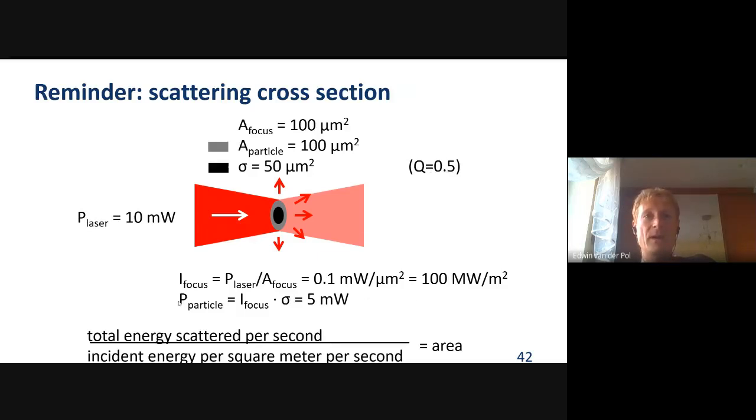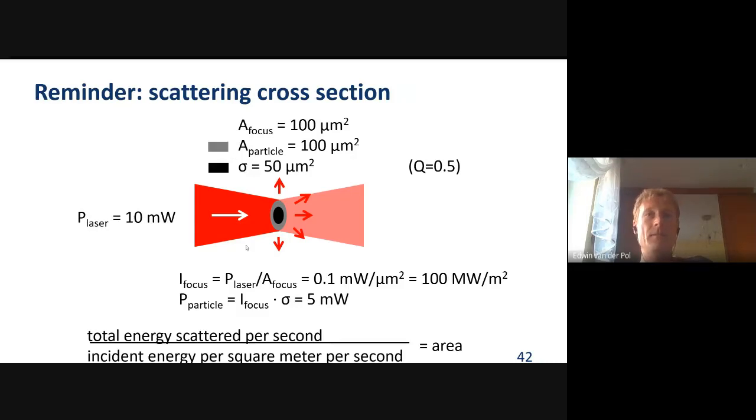If you do the math, the power this particle scatters is the intensity in the focus times the scattering cross-section, 50 micrometers squared, which is 5 milliwatt. So just by defining a quantity with the units of area, we can fully define the scattering properties of a particle, independent of the incoming laser power, which is convenient.